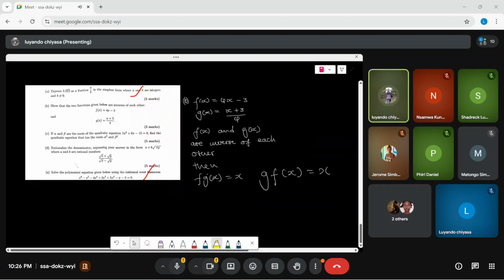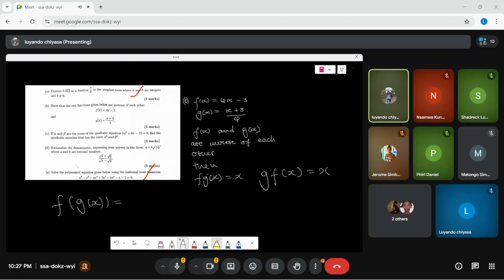So we know that f of g of x is just simply replacing the x part of f of x with the g of x function.